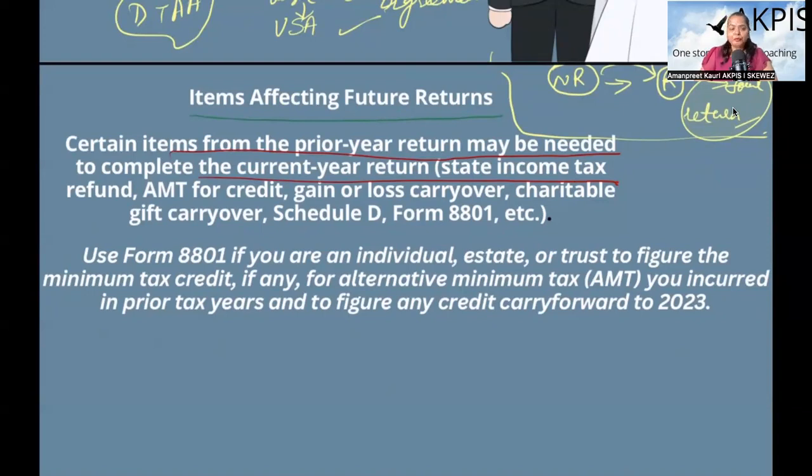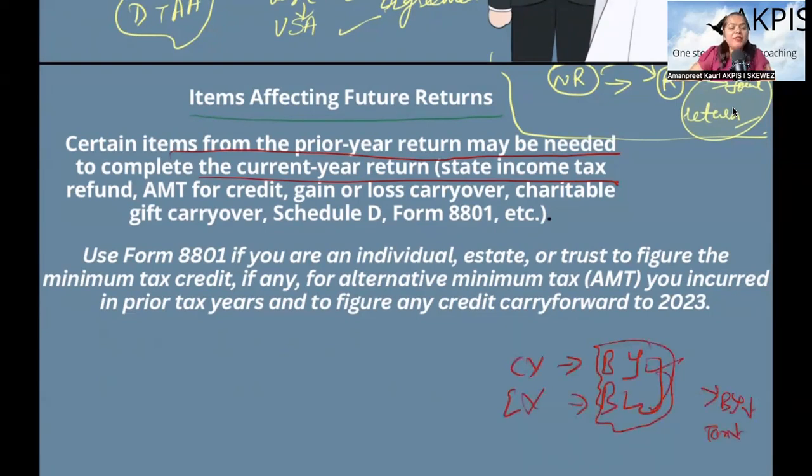For example, if you have earned certain business income, but you're supposed to set off your current business income against the previous year's loss, your tax computation and income will vary. Let's take an instance where in the current year you have business income and last year there was a business loss. As per the provisions, a certain amount of income can be set off against the losses, and accordingly your business income will reduce, and the tax computation will be less. This is just one instance.